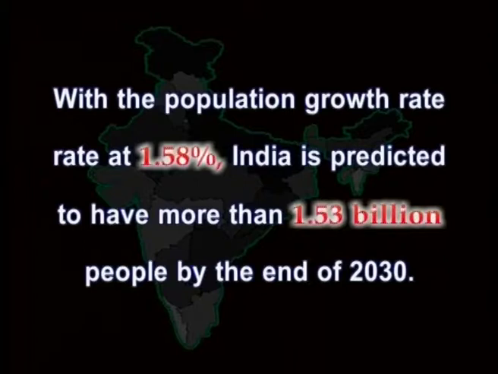Although the crown of the world's most populous country has been on China's head for decades, India is all set to take the number one position by 2030 with the population growth rate at 1.58%. India is predicted to have more than 1.53 billion people by the end of 2030.